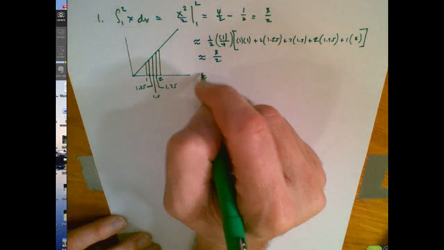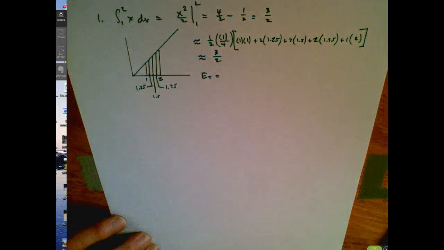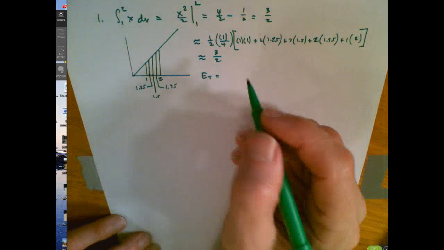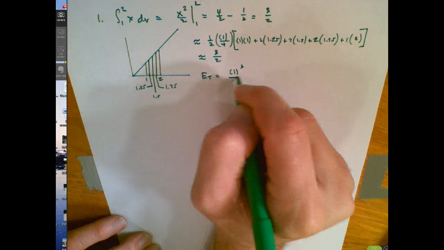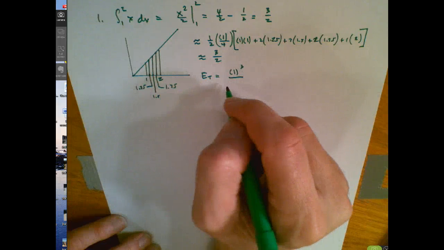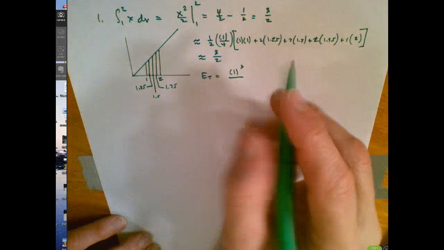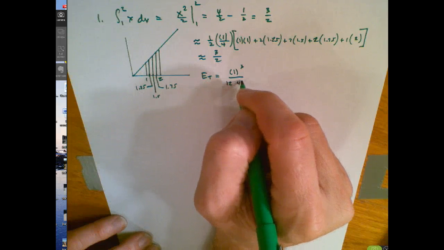So the maximum error for our function for this one would be b minus a, which in this case is 1 cubed, divided by 12n squared, where n squared is 4 squared.